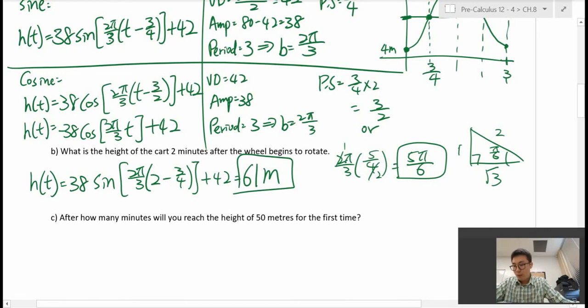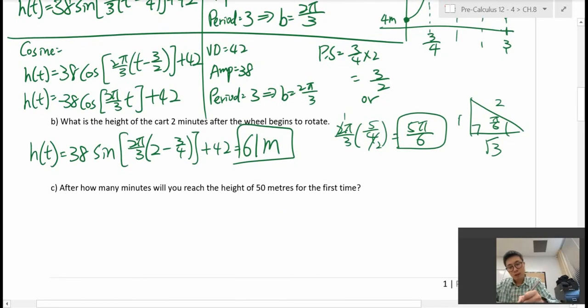Part C says, after how many minutes will you reach the height of 50 meters for the first time? In this case, it gives us the height and we're solving for t, so you simply put 50 into h of t. And again, it doesn't matter which function you use. Maybe I'll use cosine this time.